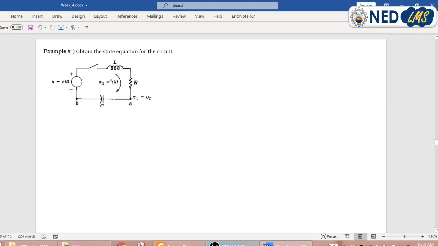This is basically a series RLC circuit, and we know that we can write the loop equation here.